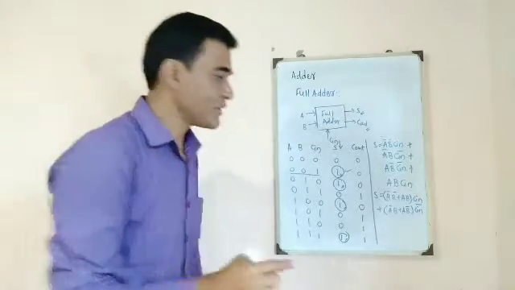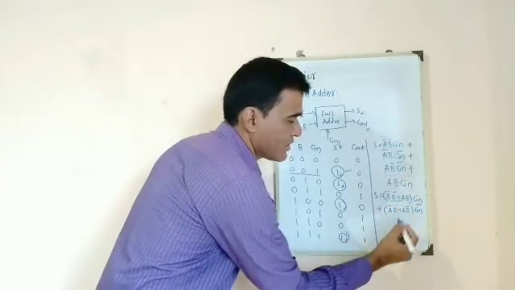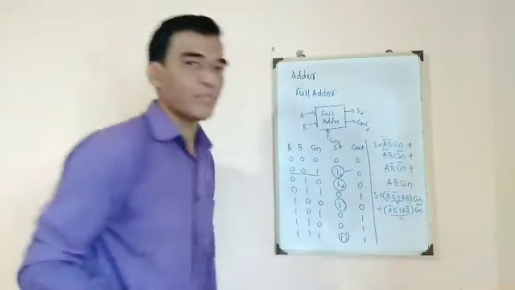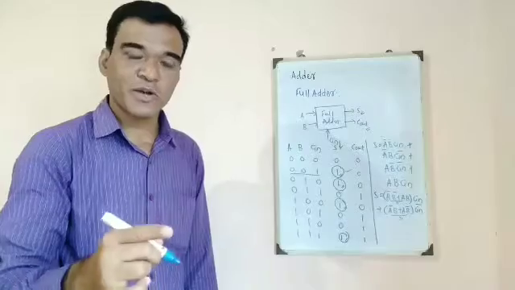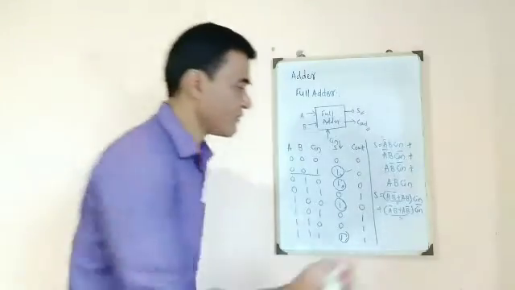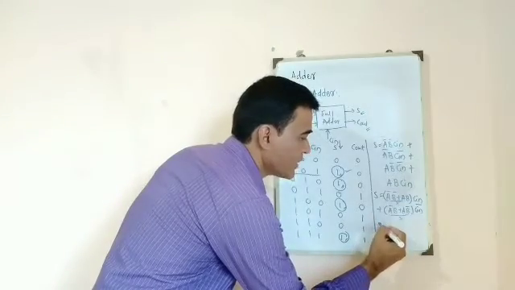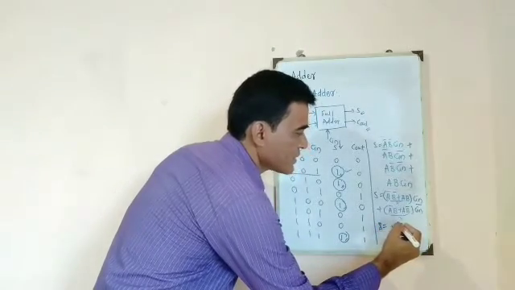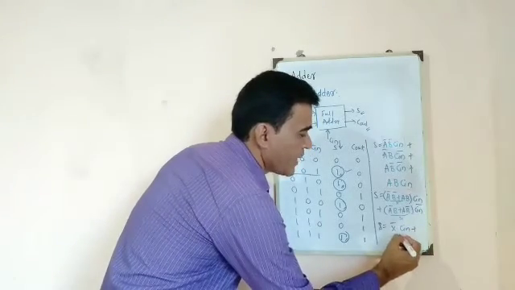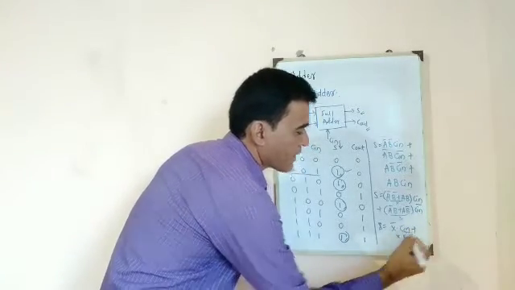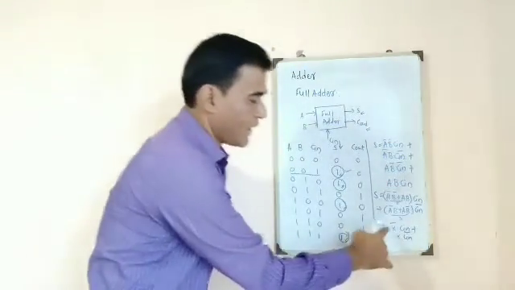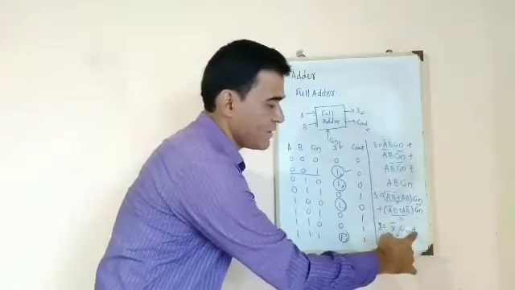So if I replace this value with X, I will get here X bar, because we know that the output of an XOR gate is the complemented value of an XNOR gate. So I can write S is equal to X bar into C in plus X C in bar.